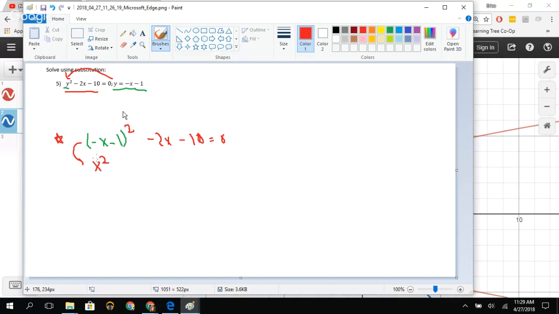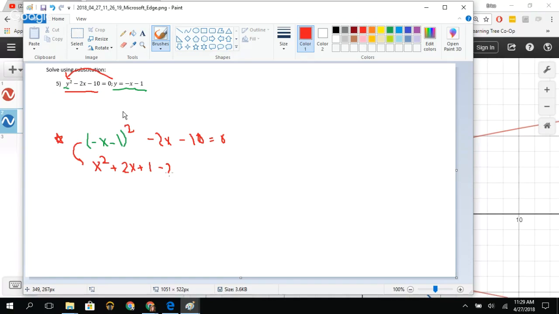Then we get x plus x, so 2x, plus 1. I'm doing my foiling quickly. So the first term is negative x times negative x, x squared. Then negative x times negative 1, which is x, plus negative x times negative 1, which is x, so that's 2x. And the last term is negative 1 times negative 1, which is positive 1.